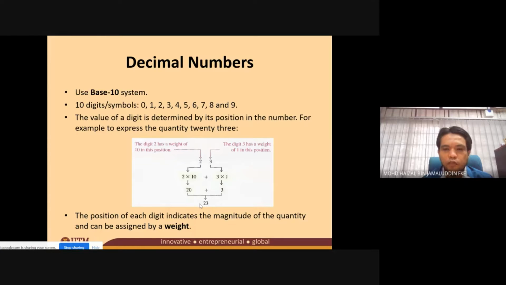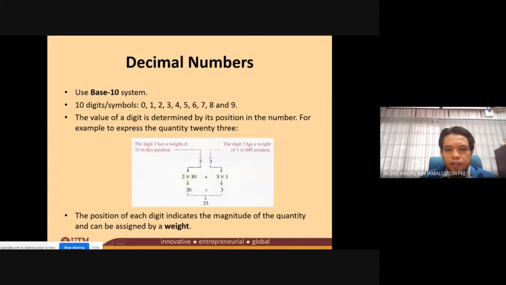So 23 is 20 plus 3. The lower part is the least significant digit, and the bigger one is the most significant digit.